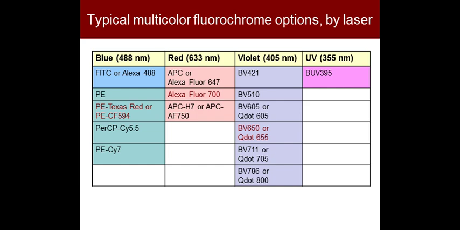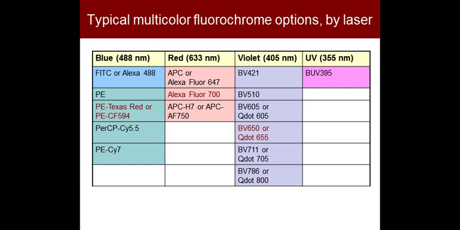And these are just some of the most common and best fluorochromes that you can use on these different channels. I've colored them a bit, and where you see, for example, the red writing, like PE Texas Red and Alexa Fluor 700 and so on, those would be my second-tier choices for those laser lines.